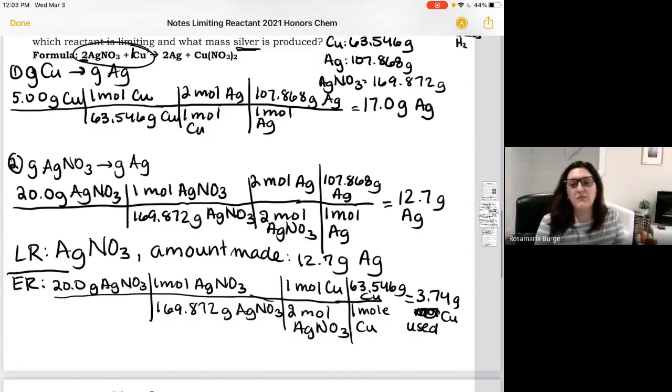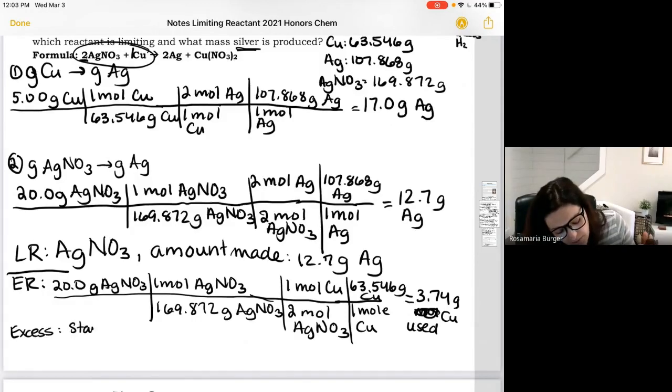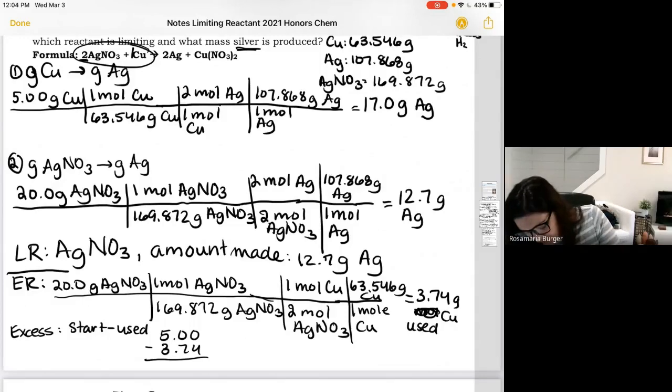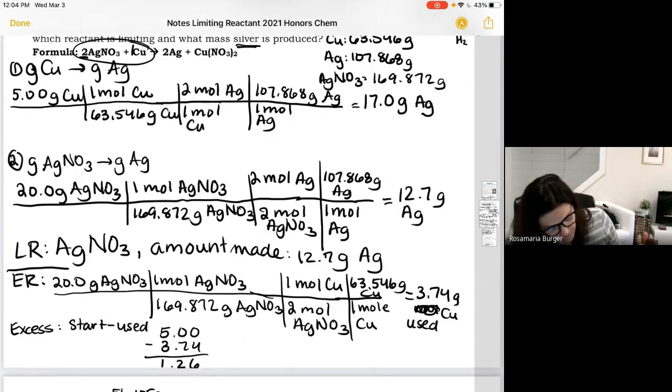Okay, so how much of my copper is left over? Well, excess is going to be start minus used. We start with 5.00. We're using 3.74. We get 1.26 grams.